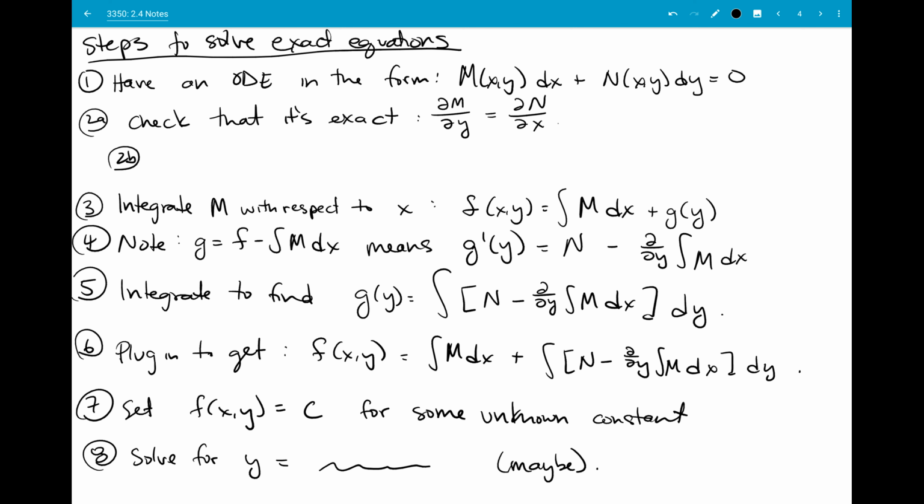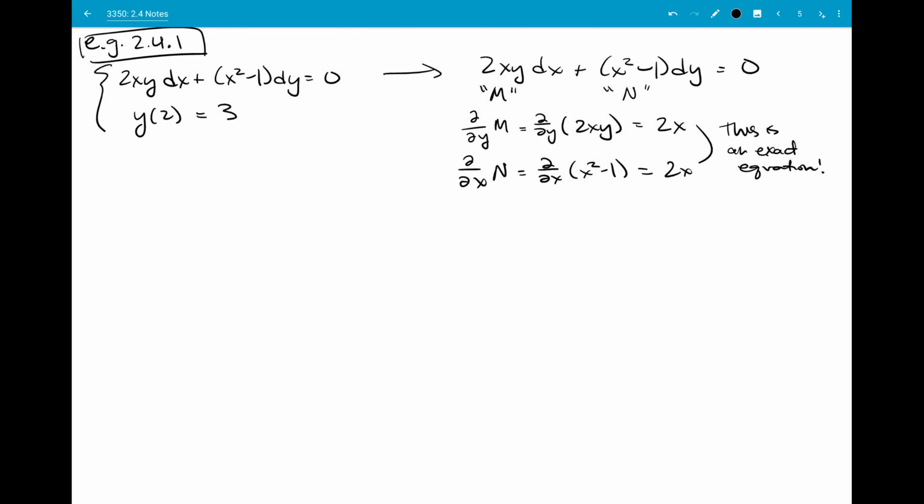And then, now that we know we can use this method, we're going to actually apply it by integrating a bunch of stuff. Remember, we have in our mind that df dx is M, or 2xy, and df dy is N, or x squared minus 1. And so we're just trying to find that f right now.